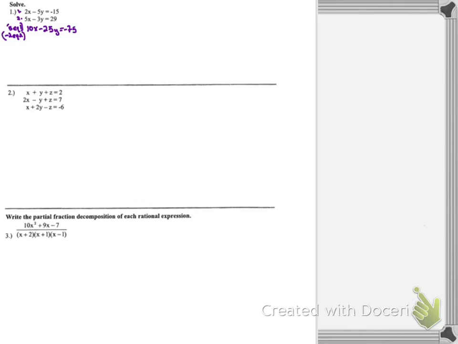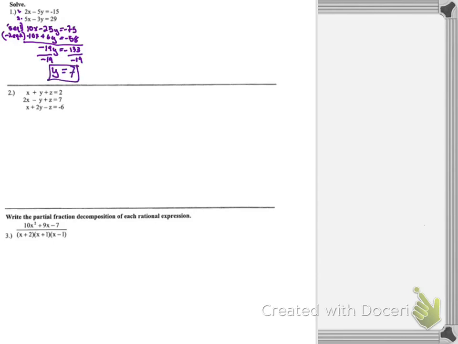And that's going to give me a negative 10x plus 6y equals a negative 58. The x's eliminate. I get a negative 19y equals a negative 133. Divide by negative 19. Not the y part. Divide by negative 19.